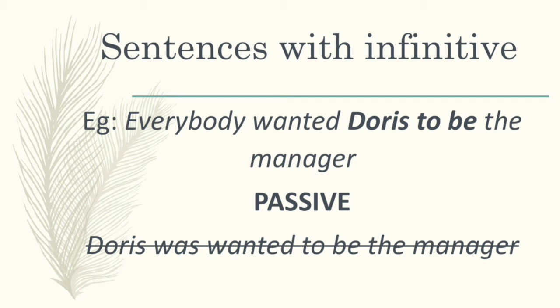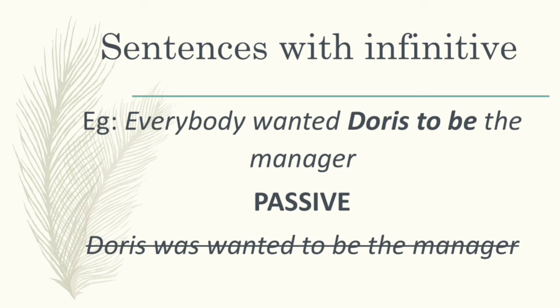So, look at the sentence here. Everybody wanted Doris to be the manager. But the passive form would be like "Doris was wanted to be the manager by...", but that is not used. These are all exceptional cases. We don't use it at all.